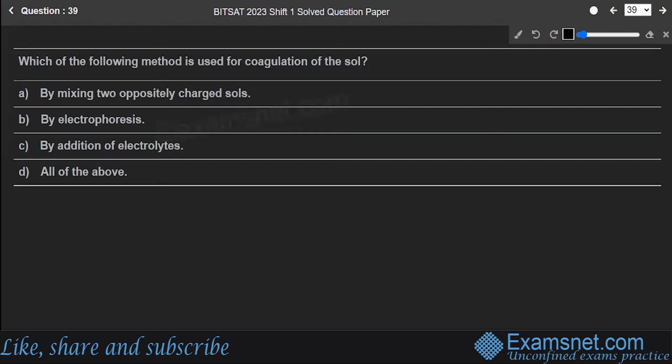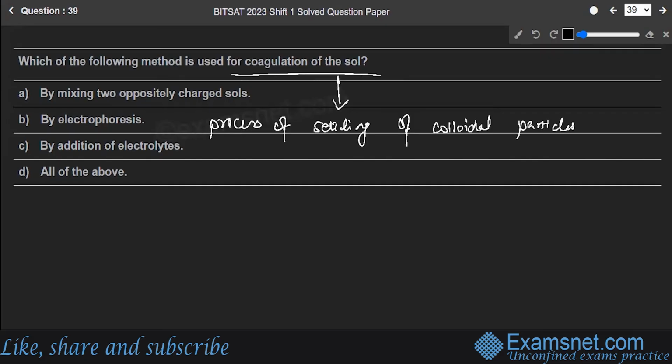Which of the following methods is used for coagulation of sol? By mixing two oppositely charged sols, by electrophoresis, addition of electrolytes. See, the process of settling of colloidal particles is called coagulation of sol.